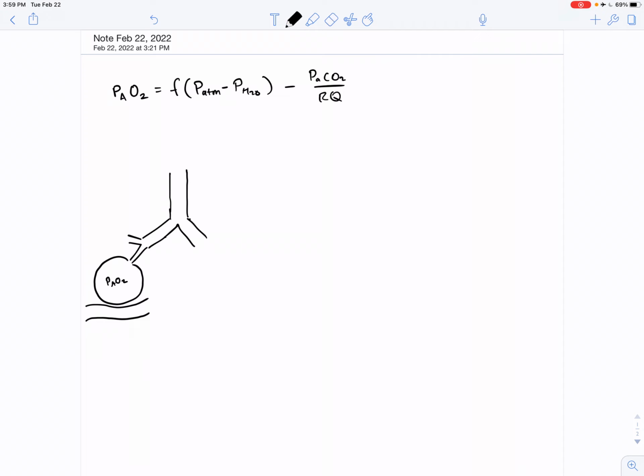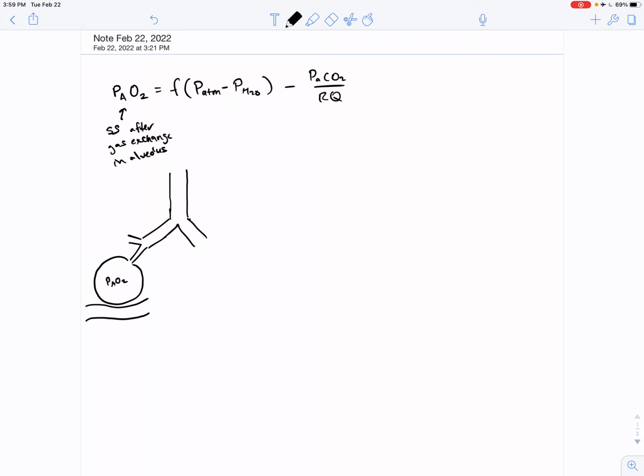So the alveolar gas equation relates the partial pressure of oxygen in the alveolus, specifically the steady state partial pressure after gas exchange in the alveolus.